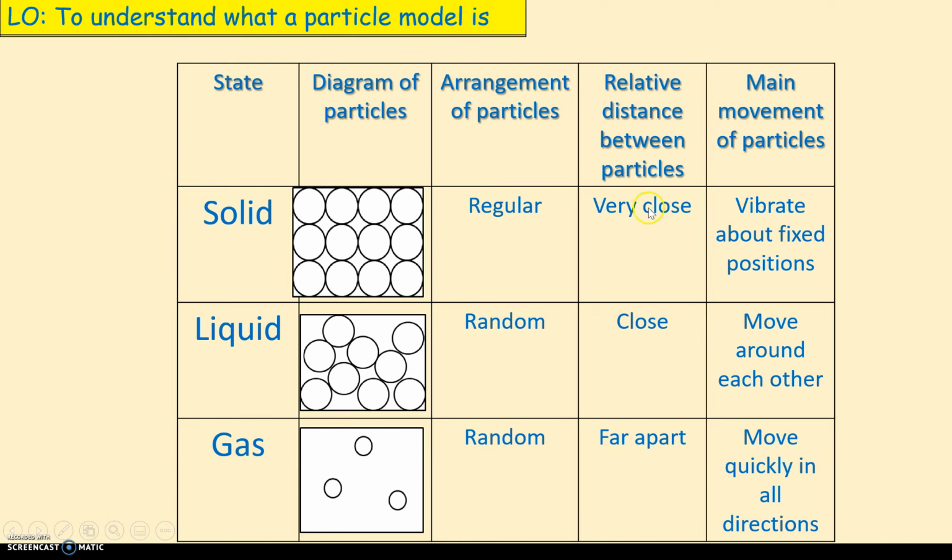Particles in a solid are very close. Particles in a liquid are close, but not as close as that in a solid. And particles in a gas are far apart. Particles in a solid vibrate about a fixed position, whereas particles in a liquid move around each other, and particles in a gas move quickly in all directions.